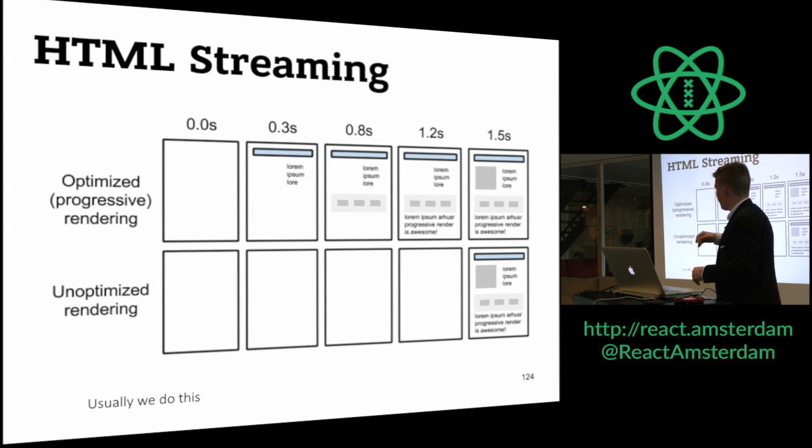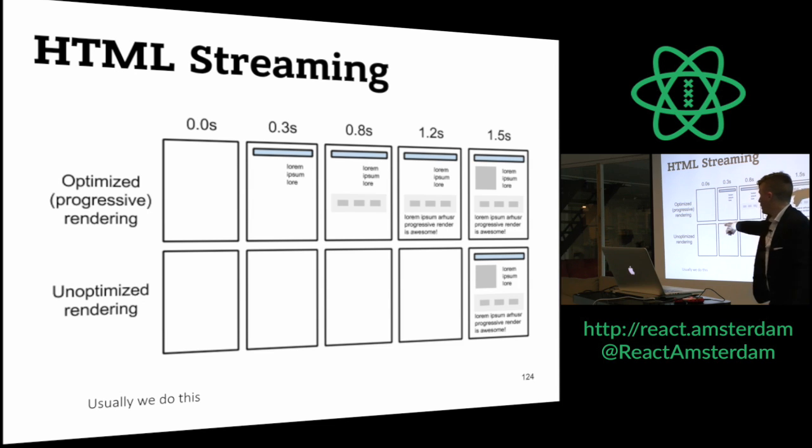So the next point is HTML streaming. It means usually we use the second one, unoptimized rendering. For example, we build all the HTML on the server, and when everything till the last byte is ready, then we respond with all the HTML.